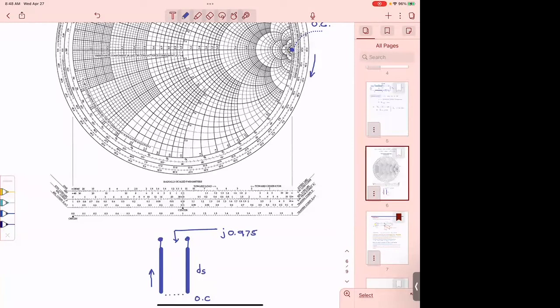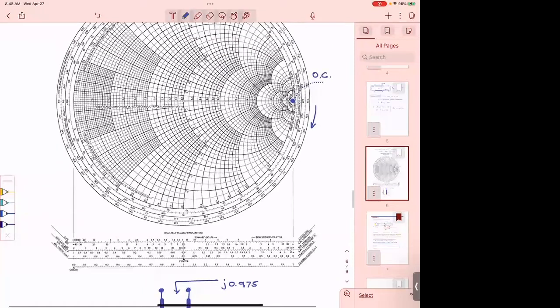So I will have to move all around, and because I started here where you see the open circuit, I'm going to move like this, and I will move like this until I find a positive J0.975, which in fact, I have ways to go.